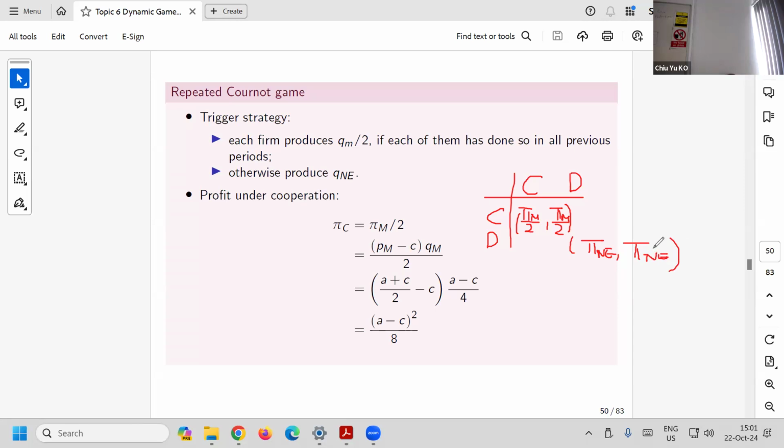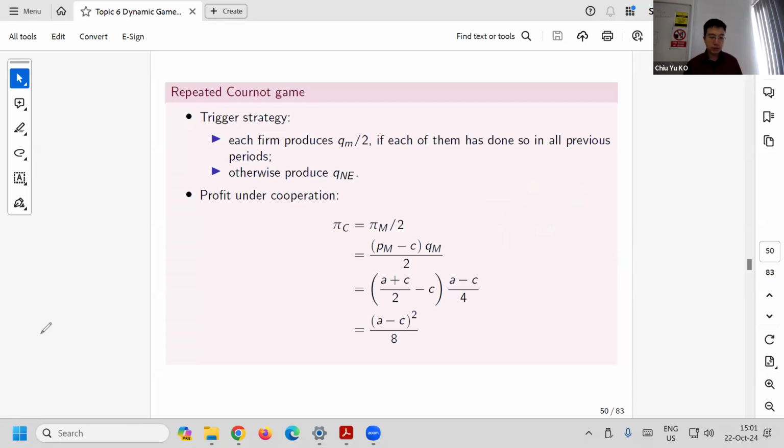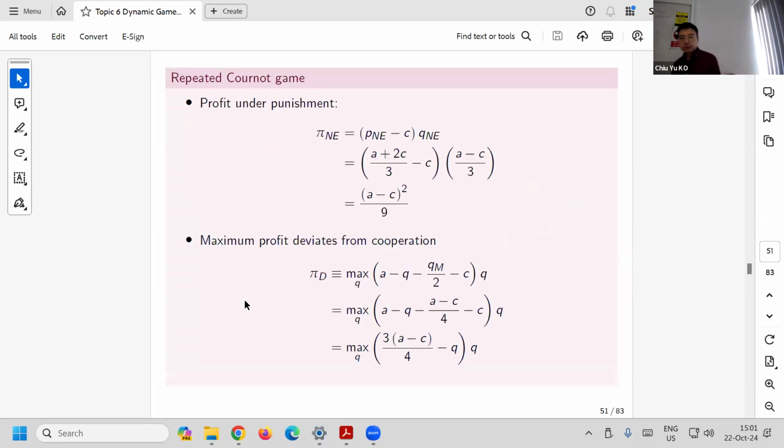We first calculate the monopoly profit. This is half of that, this is the profit. So we know this number here. There's nothing new here, just divided by 2. And this is the profit in NE.